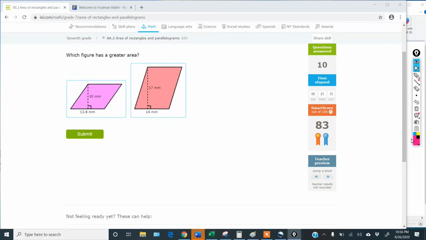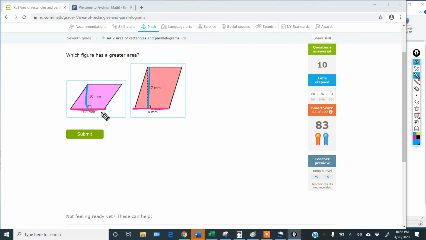So for both of these, the bases, I think that's how you say the plural of base, I'll just say bases. So the bases are almost exactly the same, but the height for this one is much larger than the height for the other one.